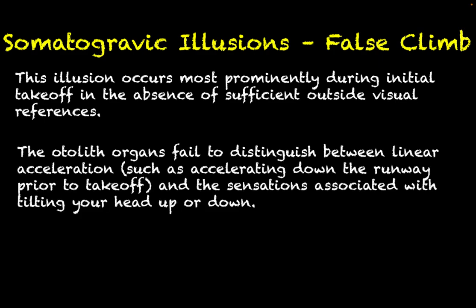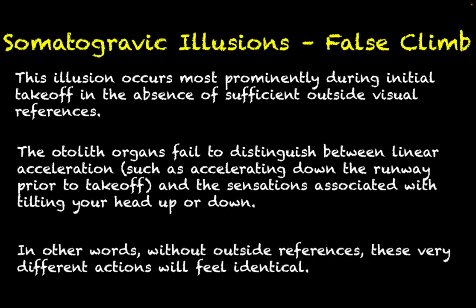What happens here is the utricle and the saccule, your otolith organs, fail to distinguish between linear accelerations, such as accelerating down the runway prior to takeoff, and the sensations associated with tilting your head up and down. Those sensations to your otolith organs are going to feel and be treated exactly the same way. In other words, without your outside visual references, these very different actions are going to feel identical to one another.